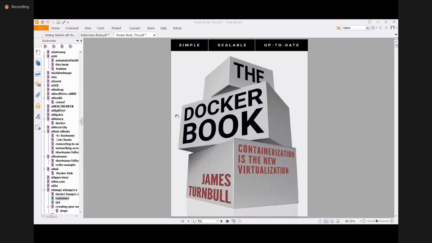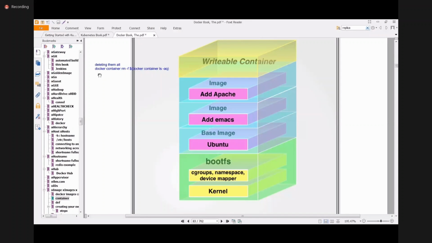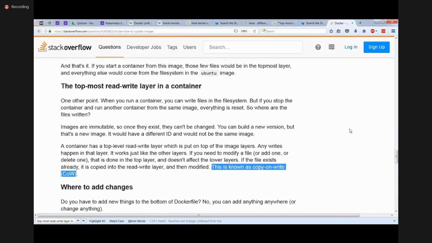Now, this is related to a container, and in the world of Docker, it looks like this with our kernel, C groups, namespaces, and then we have something called an image, which really provides the operating system as the kernel sort of sees it. These all come in what are called layers. They're all read-only layers until the top layer, which is in fact writable. This is known as copy on write, which is described in more detail here.